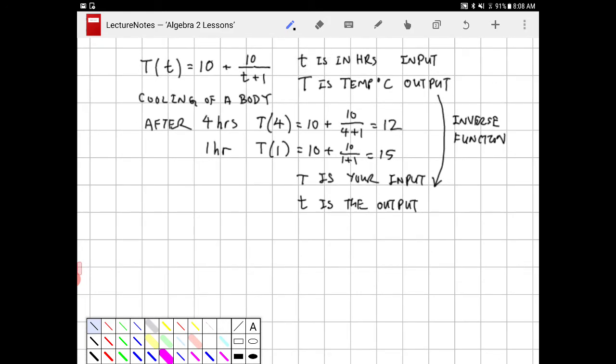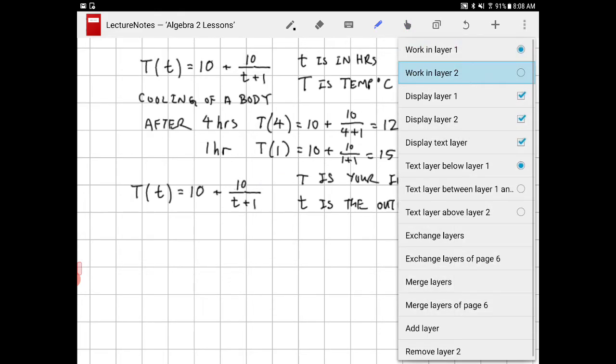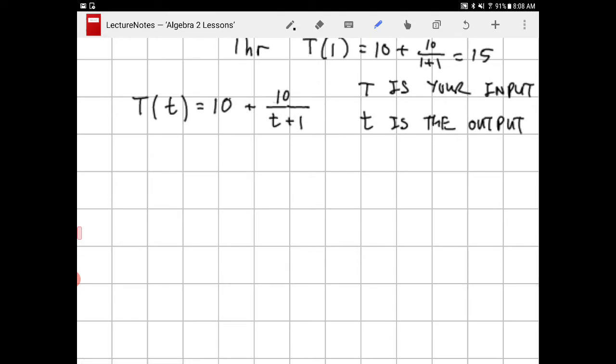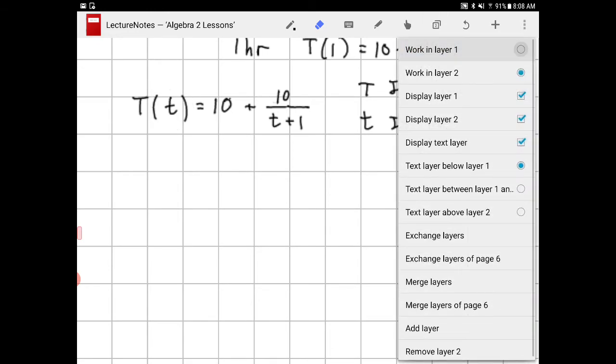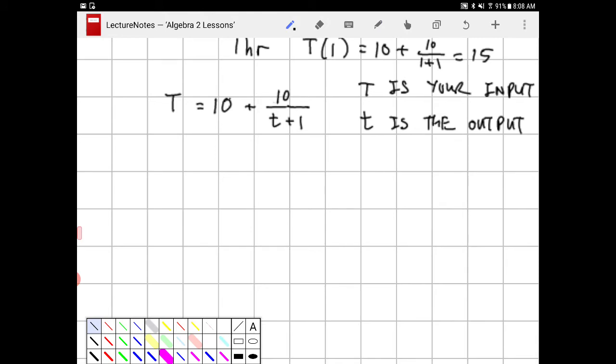The technique, one more time, is to isolate the independent variable from before. So we're going to isolate lowercase t. I'm going to replace the function notation and just write capital T, because that is what we're going to make lowercase t a function of.